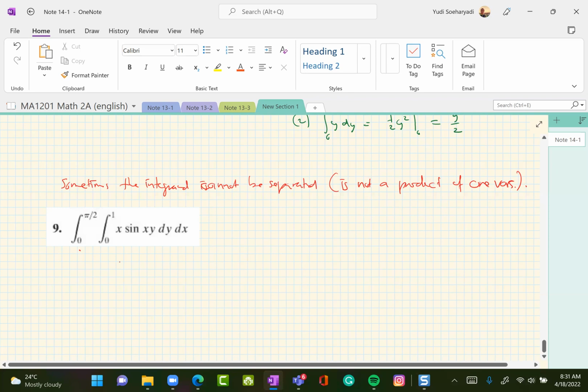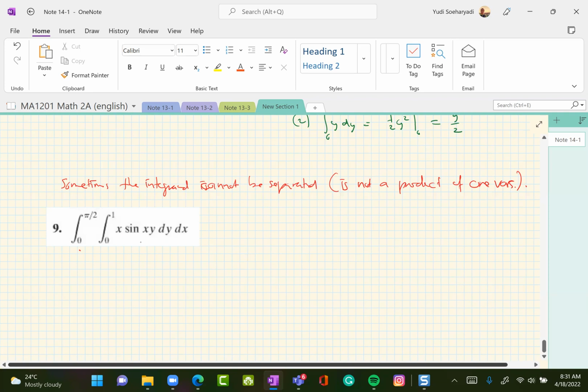So in this case, you just have to compute this. Let's do this one here. If we compute with x first, that would be no good. Just compute with respect to y first.